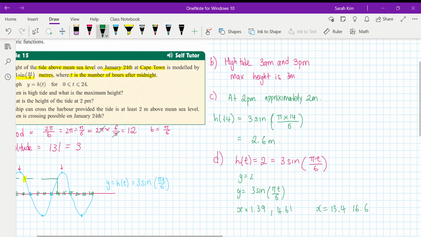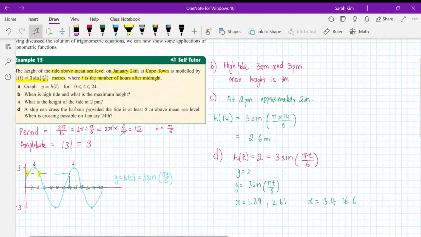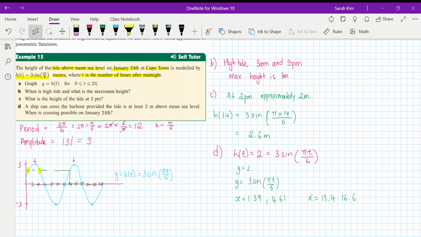Alright, so those are our times that we can do. These are not times, so we might have to go to our function and multiply 0.39 by 60.